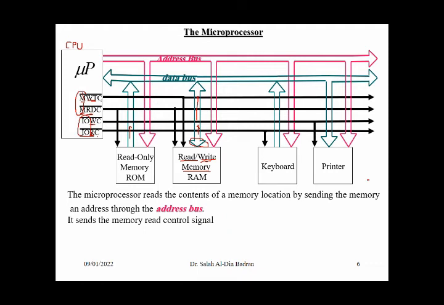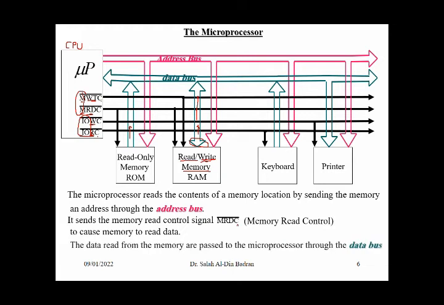It sends the memory read control signal, this one, MRDC, memory read control, to cause memory to read data, and the data read from memory are passed to the microprocessor through the data bus.